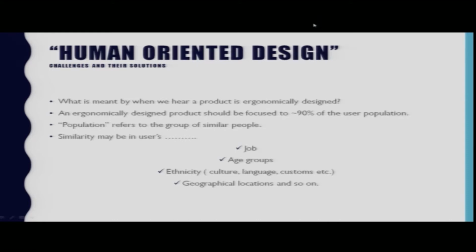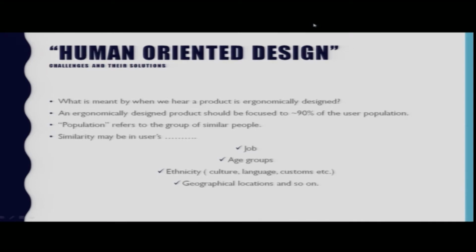The user population refers to a group of similar people. As I have mentioned, the group may be of similar age group, languages, or whatever the problem statement is towards designing a particular thing. The similarity may be in users' job, age group, ethnicity, geographical location, and so on and so forth.